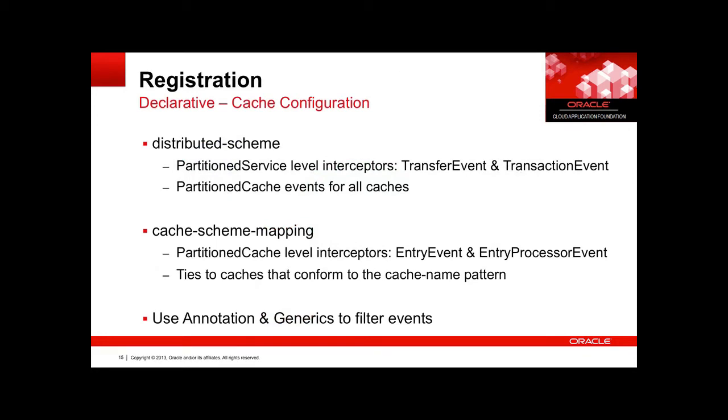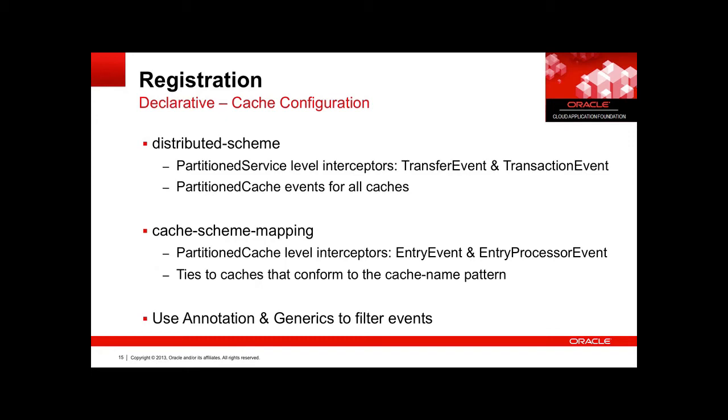And let's now take a look at registration and how one would register an event interceptor with the Interceptor Registry such that the event interceptor receives events. So there are two mechanisms, either declarative or programmatic. The declarative mechanism uses the Coherence cache configuration file, and there are two sections that accommodate interceptors, either the distributed scheme or the cache scheme mapping.